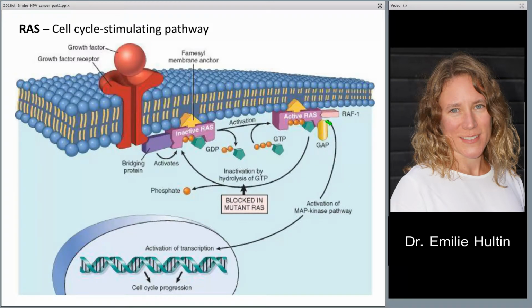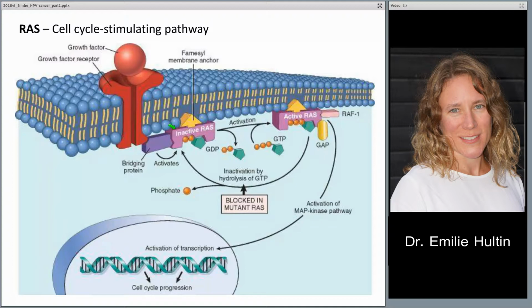So here is an example of the enzyme RAS, which is involved in the cell cycle stimulating pathway. What we see here is the cell membrane, a receptor, and a growth factor that binds to the receptor. What happens then is that this bridging protein will bind to the RAS enzyme.